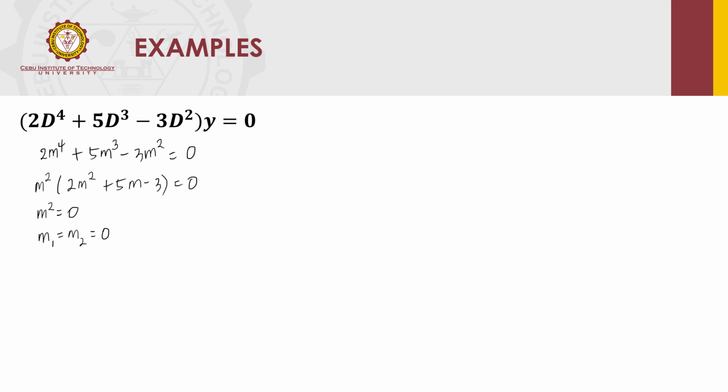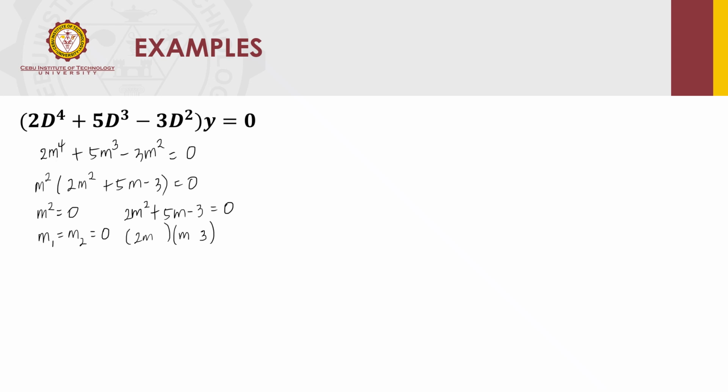And for the second factor, 2m squared plus 5m minus 3, I think this is factorable. If it's not factorable, then just use the quadratic formula or completing the square. So this is 2m and m here for 2m squared, and it's 3 and 1, negative 3 and 1, or positive 3 and negative 1.